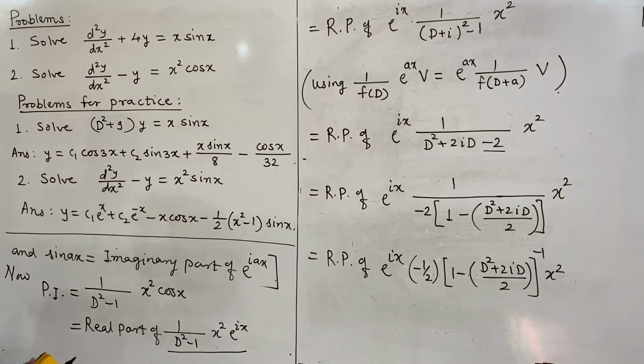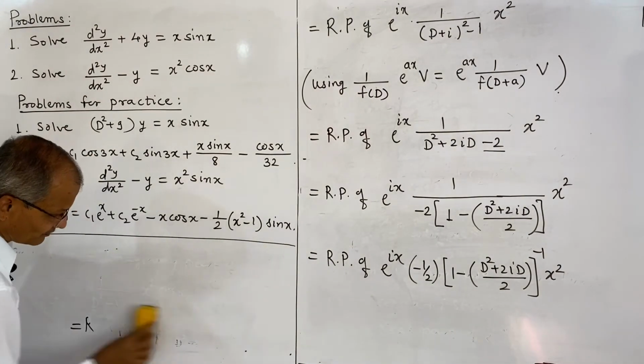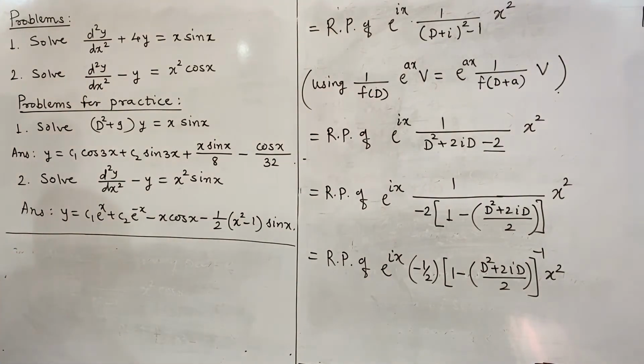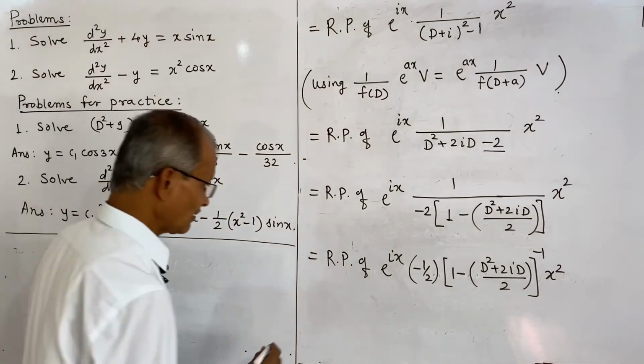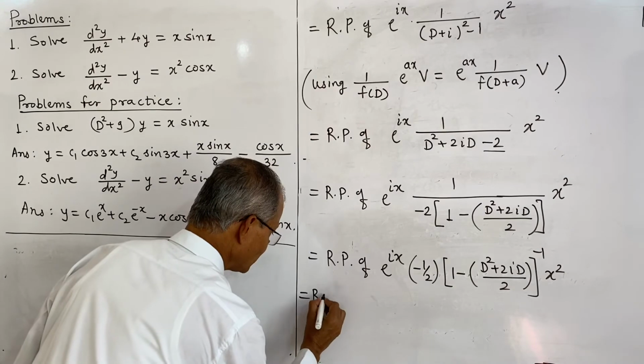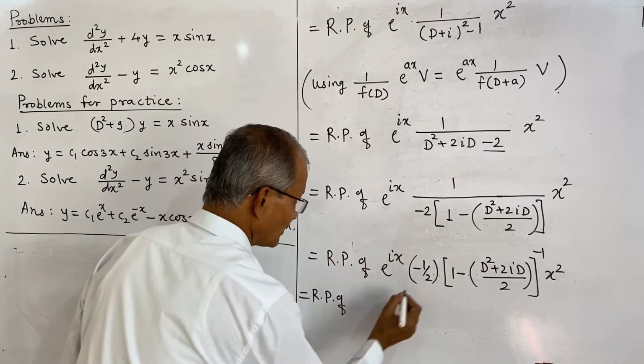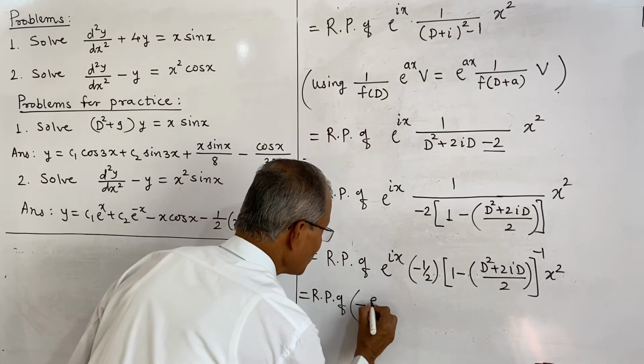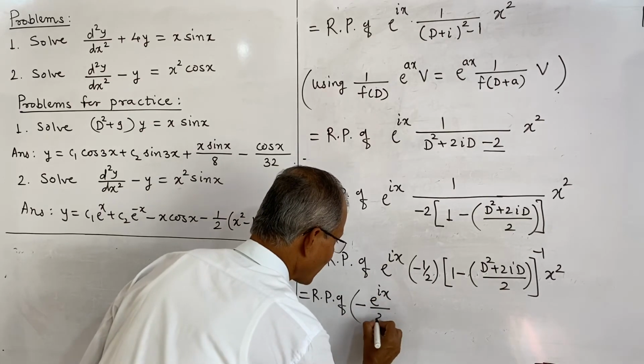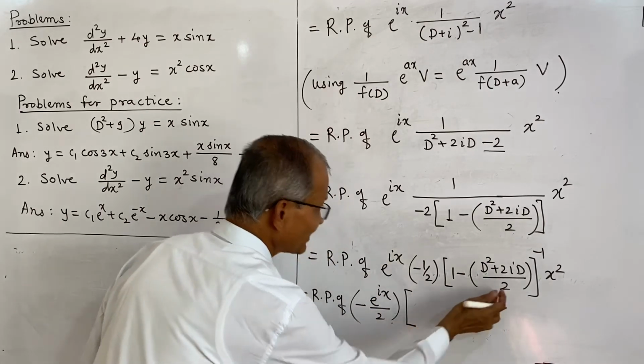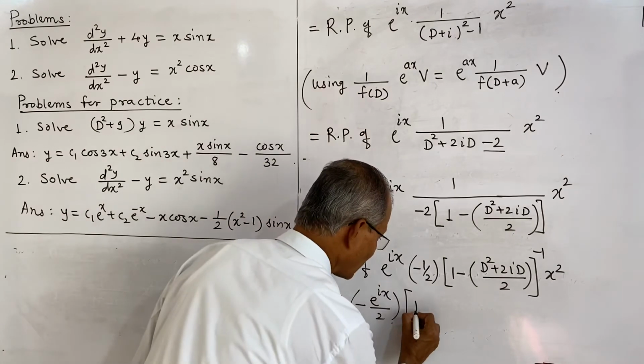And now we expand that, and that can be written as real part of, so this is equal to real part of this, I shall write minus e power ix divided by 2, and this expansion we shall write as 1.